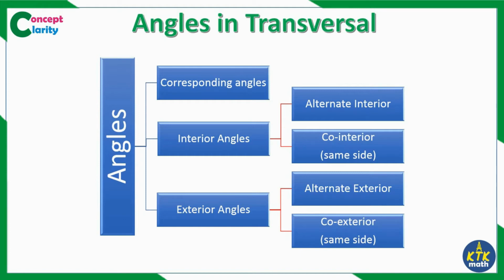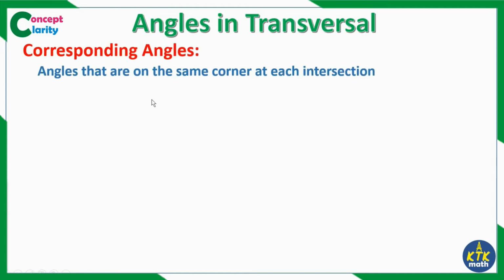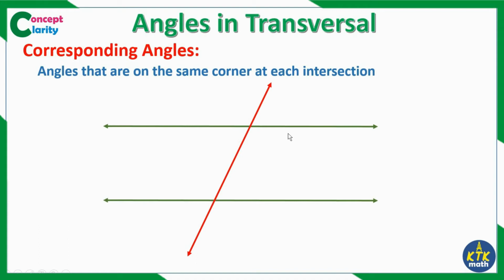So these are the angles we are going to learn in this video. Let me explain all these angles with the diagram for your better understanding. First, corresponding angles. The definition of corresponding angles is very simple: angles that are in the same corner at each intersection. Now just imagine I am going to draw two lines and one transversal. This red line is going to be our transversal.